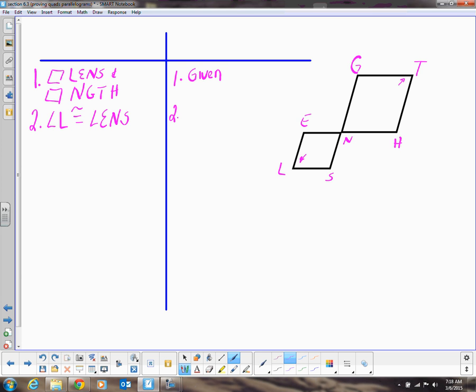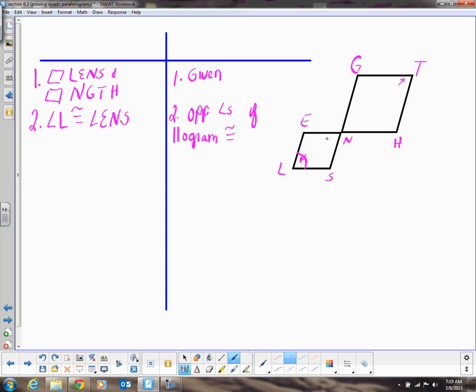It's a parallelogram. What do you know about parallelograms? Opposite angles of a parallelogram are congruent. Thank you, MJ. Opposite angles. All right.